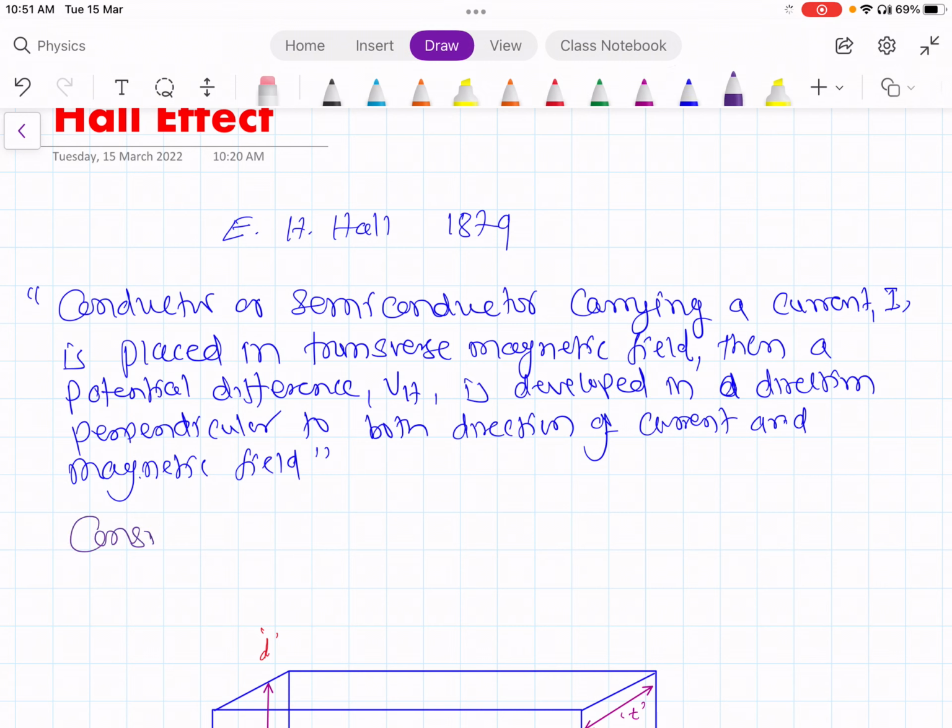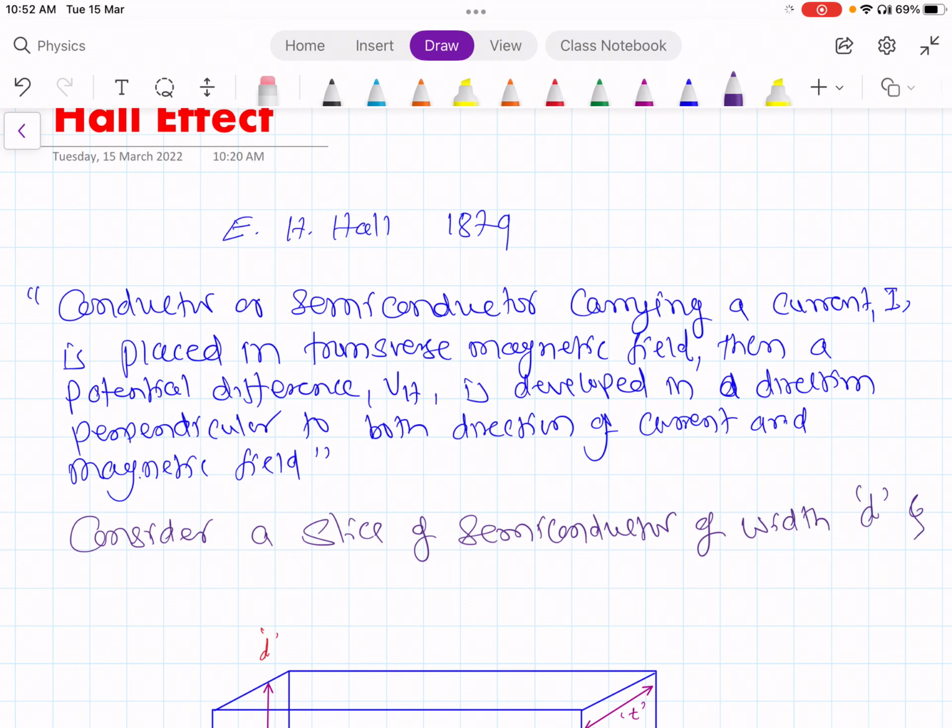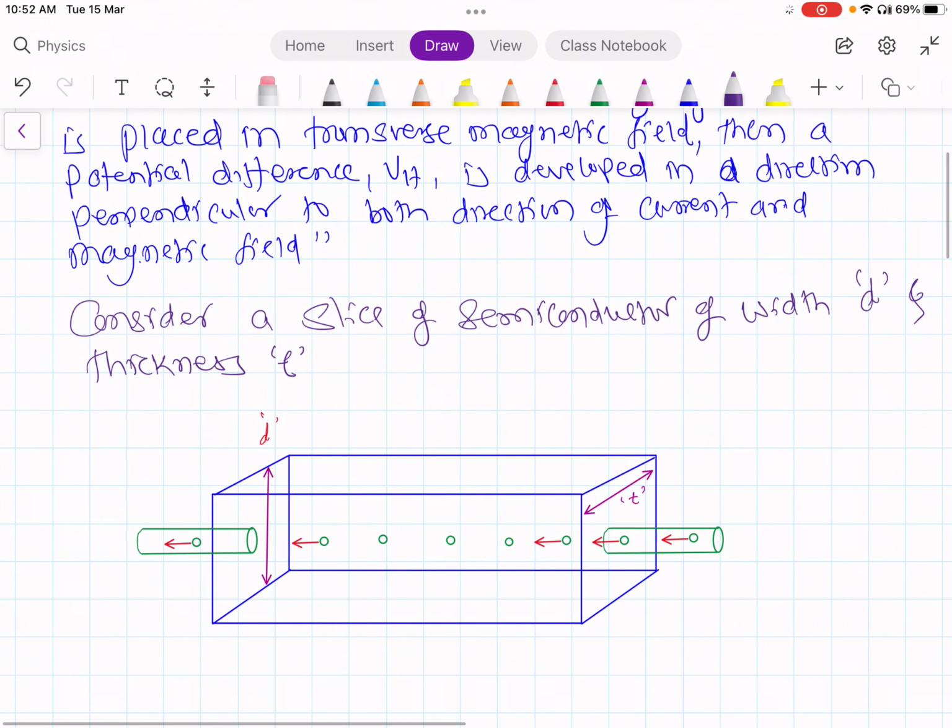See, this is a slice of semiconductor. As you can see, its width is d over here and the thickness is t.